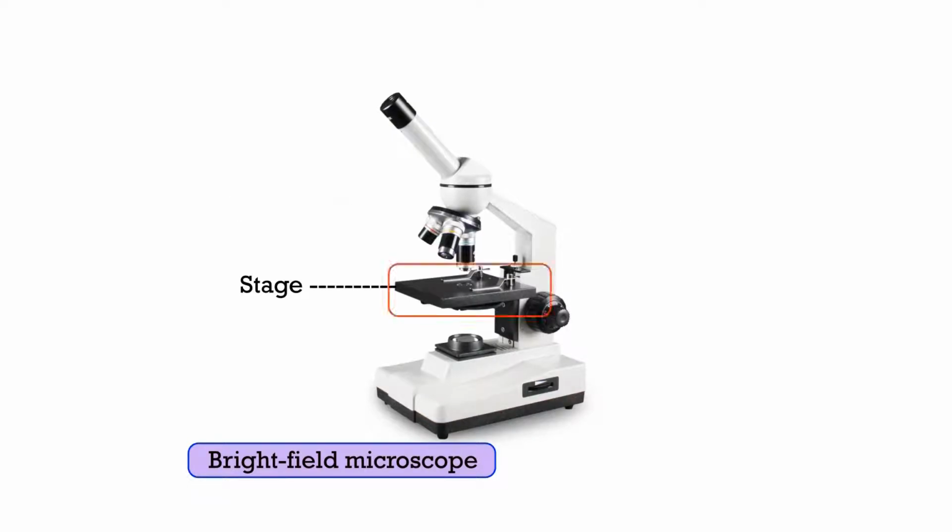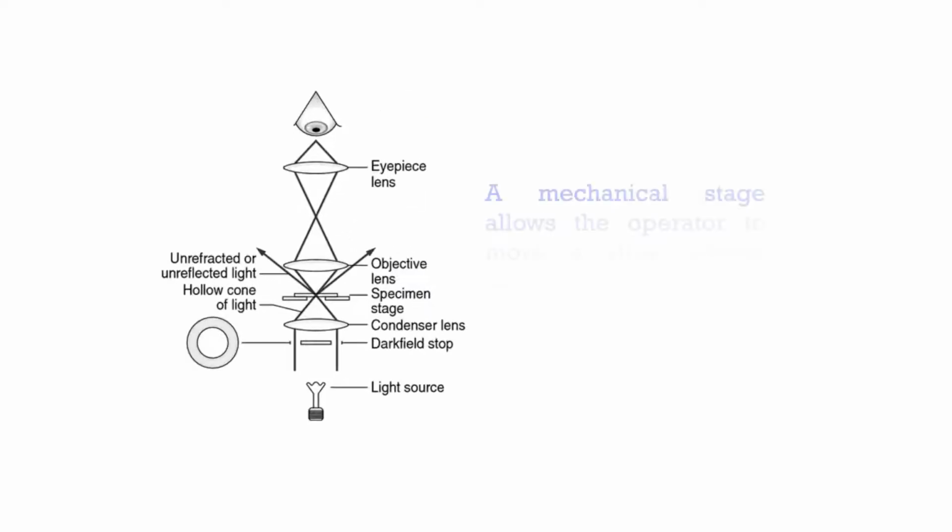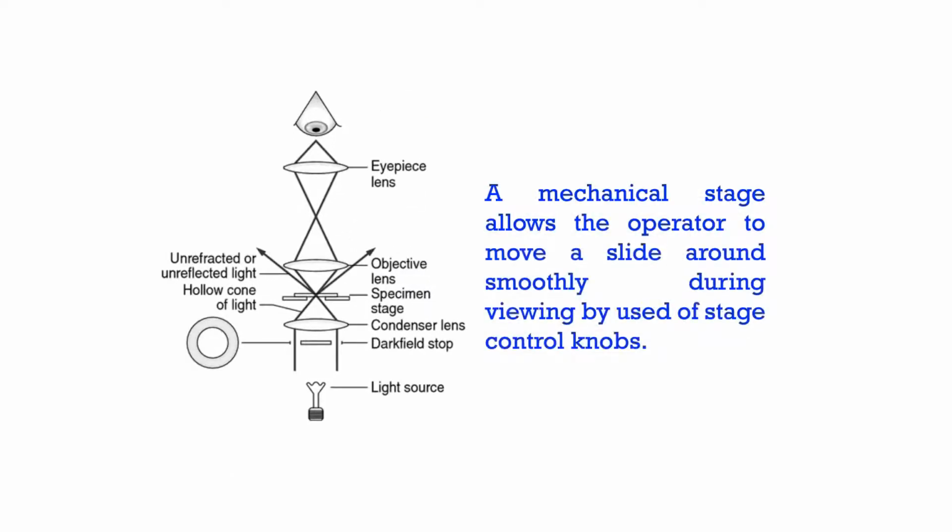The stage is positioned about halfway up the arm, and it holds the microscope slide by either simple slide clips or a mechanical stage clip. A mechanical stage allows the operator to move a slide around smoothly during viewing by the use of stage control knobs.